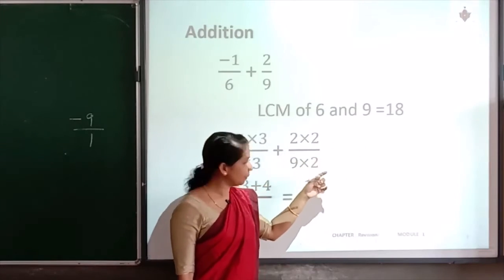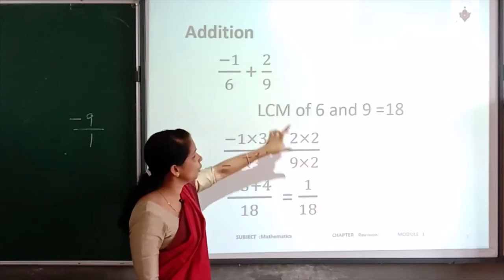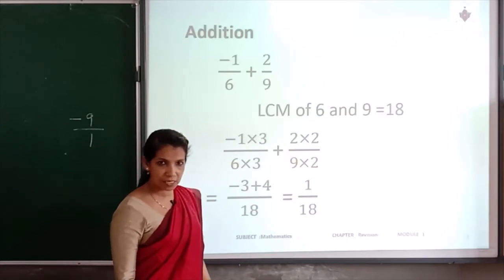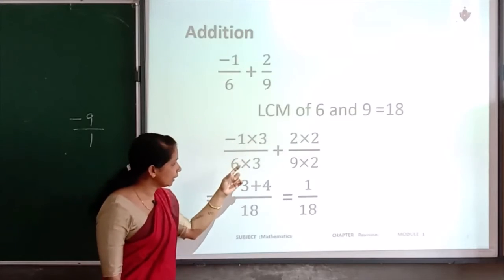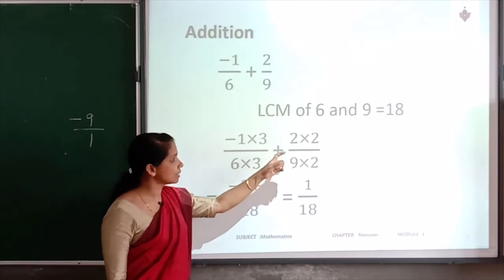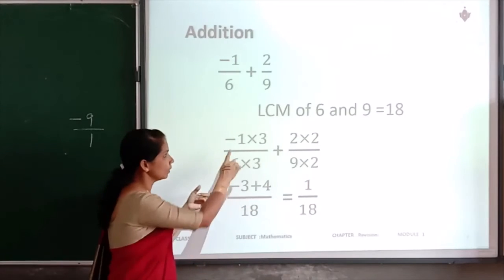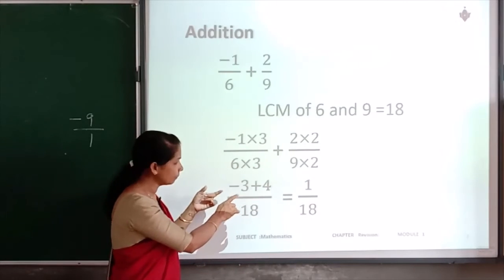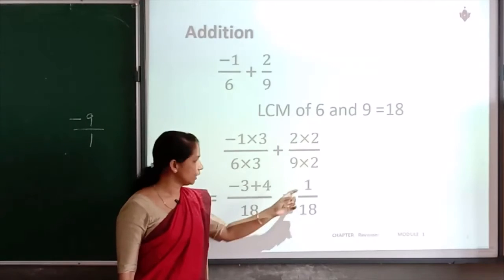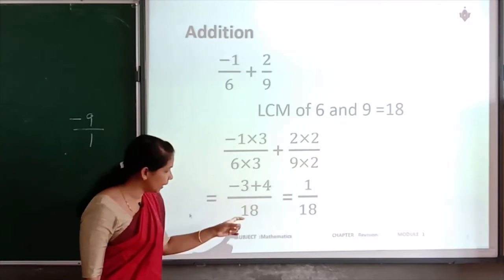So you should multiply that 2 in the numerator and denominator of the second rational number. So you are getting negative 1 into 3 by 6 into 3 plus 2 into 2 by 9 into 2, that is negative 1 into 3 is negative 3 plus 2 into 2 is 4, all divided by 18.